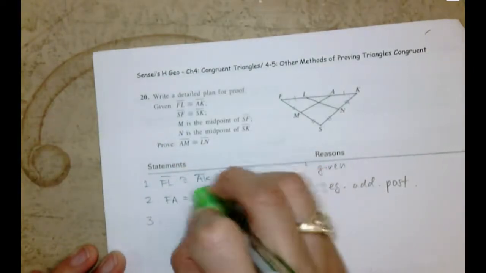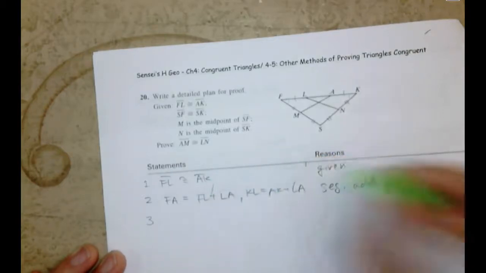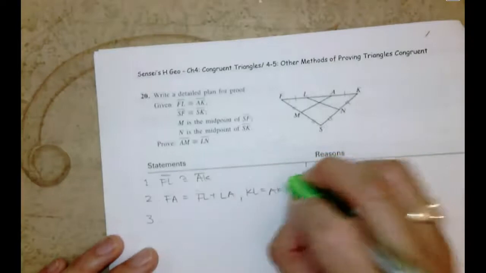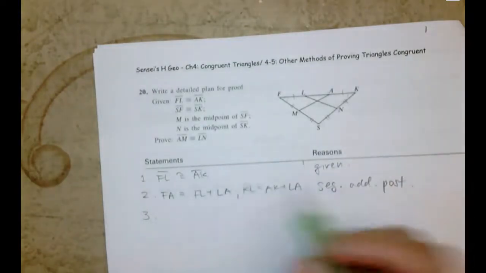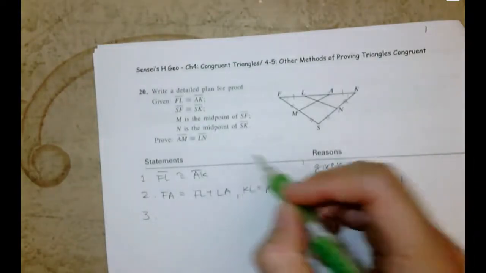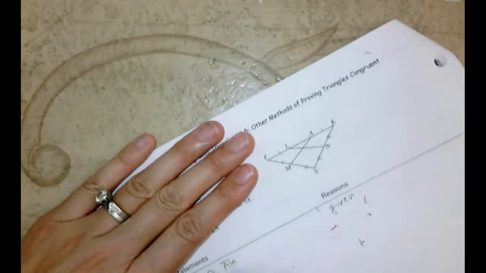So distance between these things, segment addition postulate, and then equals and plus only works with the distance. It doesn't work with a segment. So distance between FA is FL plus LA, and so forth. Okay, and now we also, I forgot to write this one here. All right, so I'm going to rewrite this. I have to change this to measure.